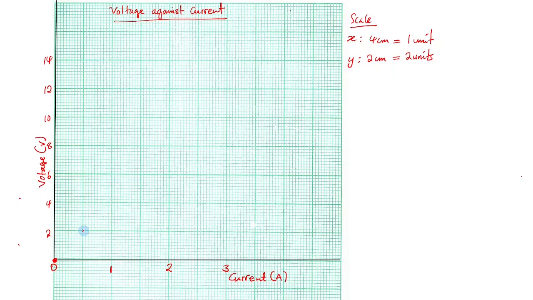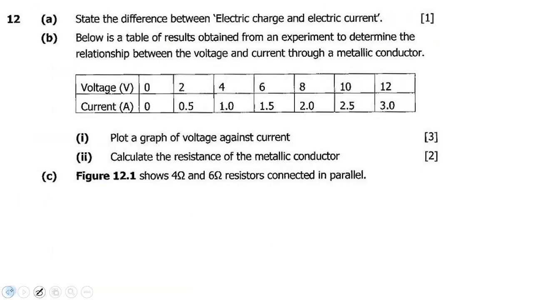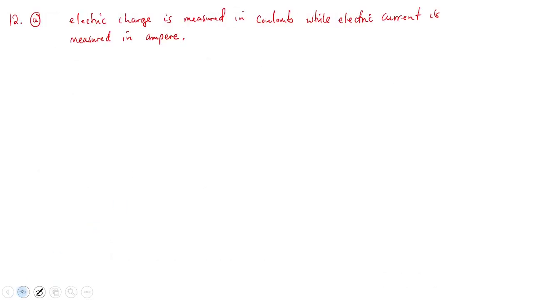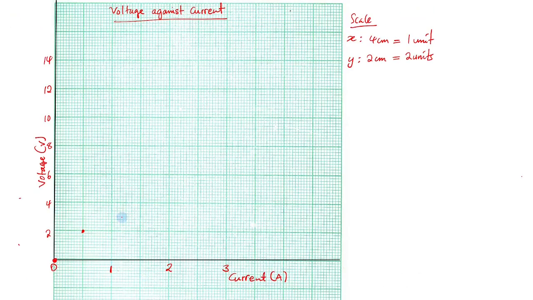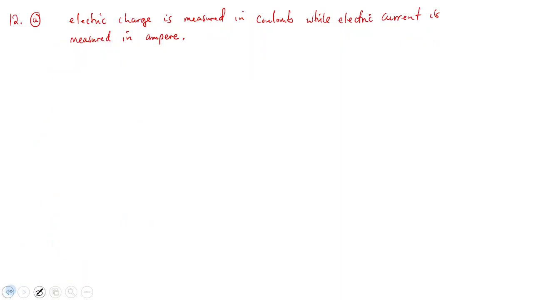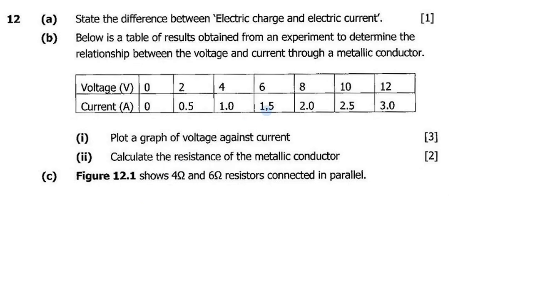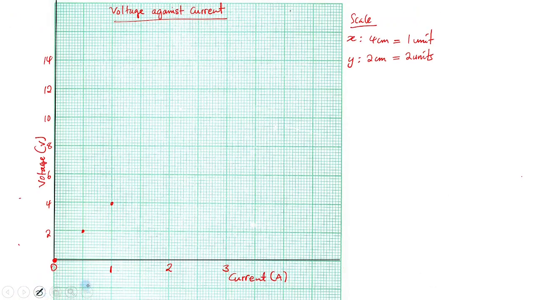It will be this point here. Then you come back again. Here you have 1, 4. Here is 1, 4. Then you come back again. Here it will be 1.5, 6. So 1.5 is here, 6 is there.